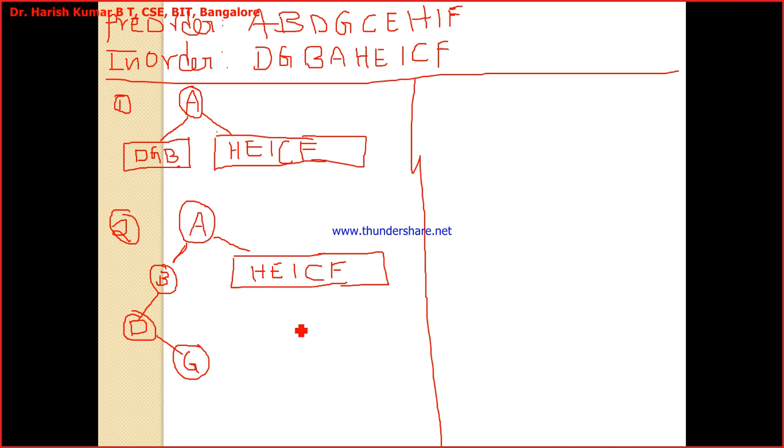Next. For D, G is towards the right side. Okay, correct.